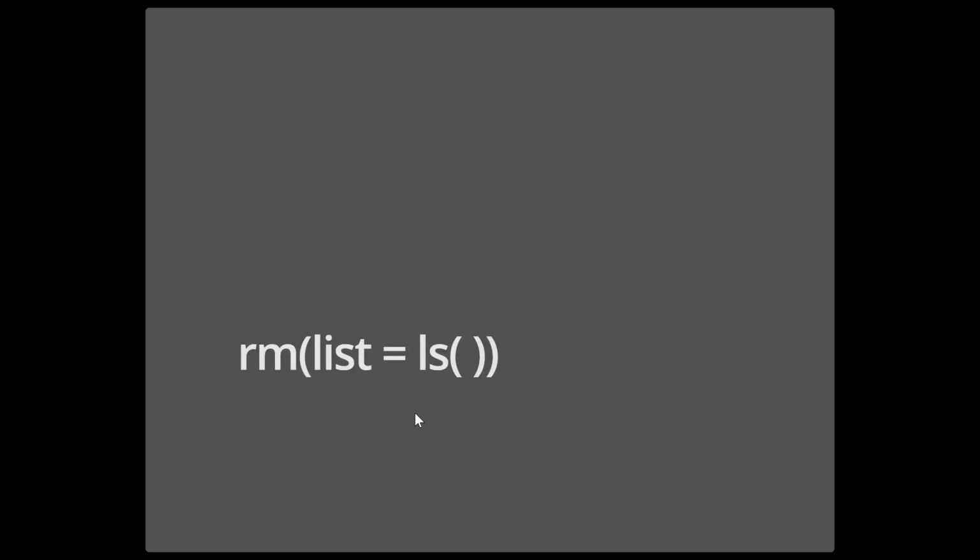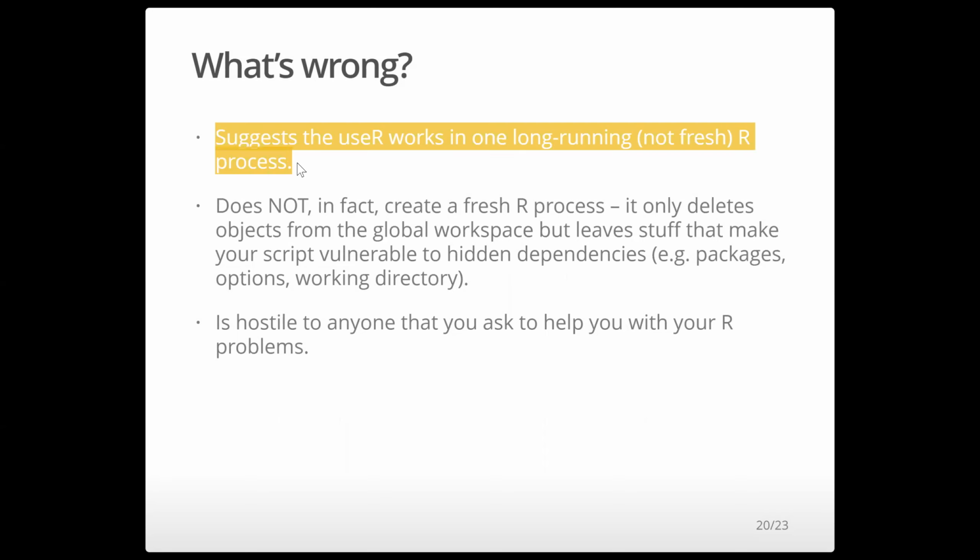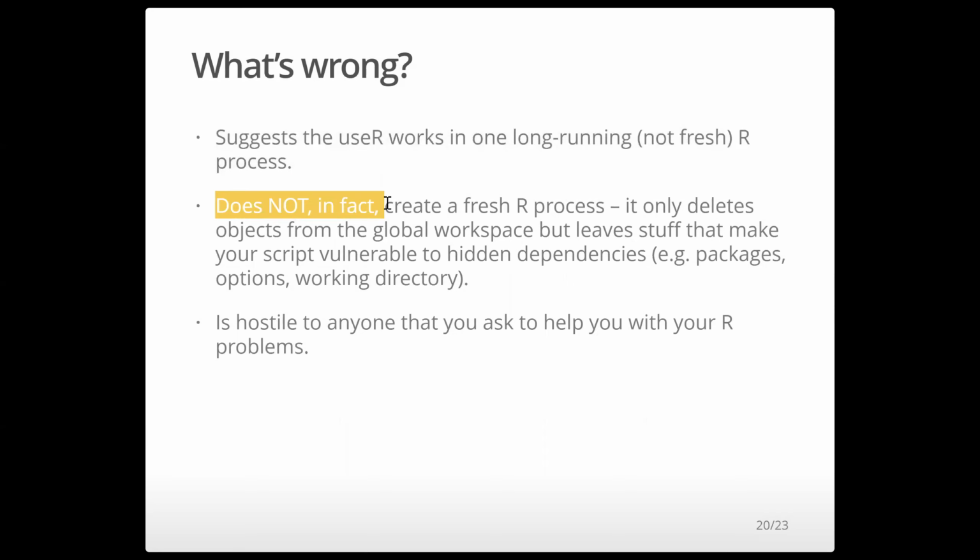Remove list also has some problems, and this is her opinion about that. What's wrong? Again, it suggests that the user is running a long-running process instead of restarting all the time and starting from a fresh session. It does not, in fact, remove a lot of things. I mean, it doesn't create a fresh R process.